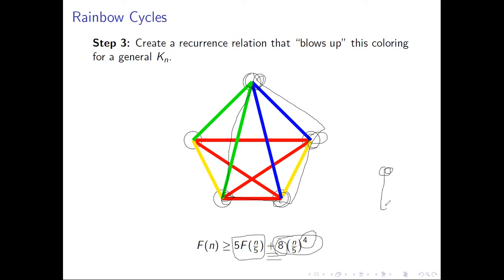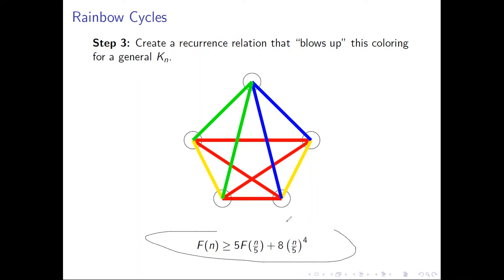There are 4 vertices in a C4 graph. For each of those 4 vertices, there are n divided by 5 options. There are n divided by 5 options in this cell, n divided by 5 options in this cell. So for each of the 8 subgraphs, there are n divided by 5 raised to the 4 ways that we can make that. We need to pick a vertex here, we need to pick a vertex here, and so forth. So that's where we get the 8 times n divided by 5 raised to the 4 part.